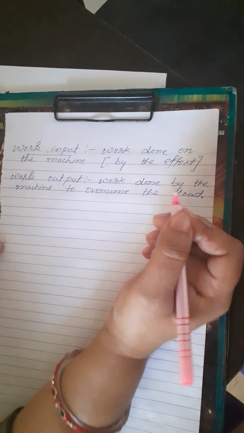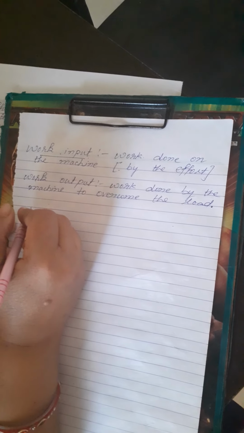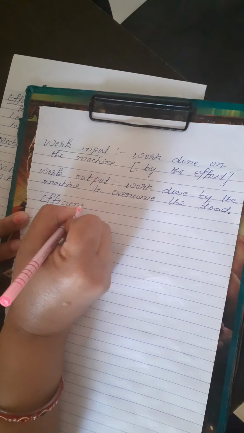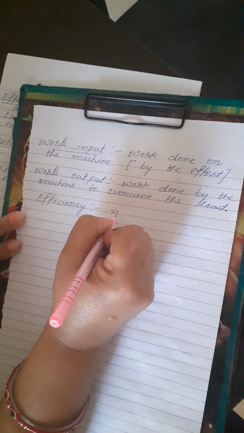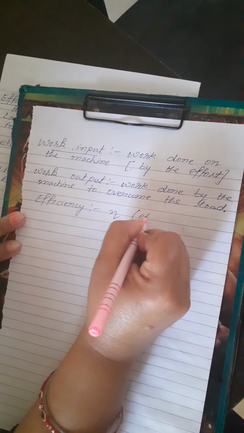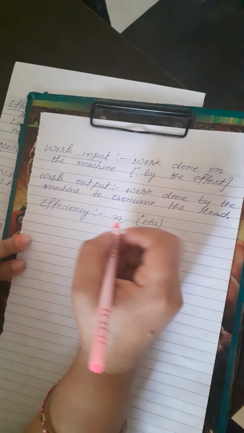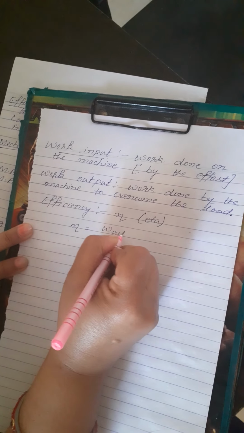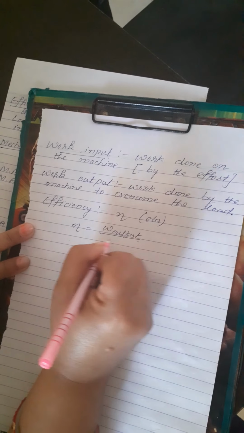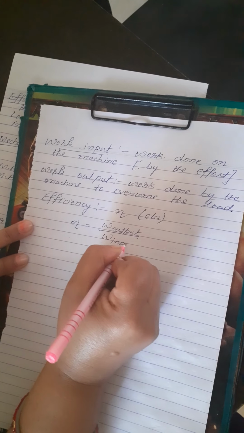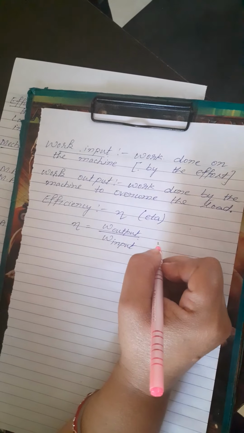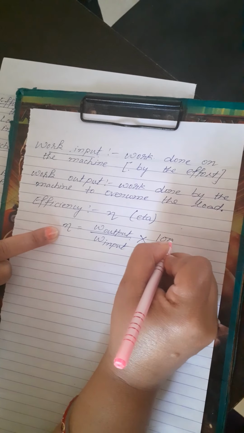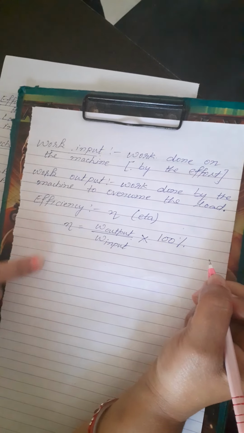Then after that beta, our next term is efficiency. Its symbol is eta. It is the ratio of work output to work input. And if we have to represent it as a percentage, it will be multiplied by 100.